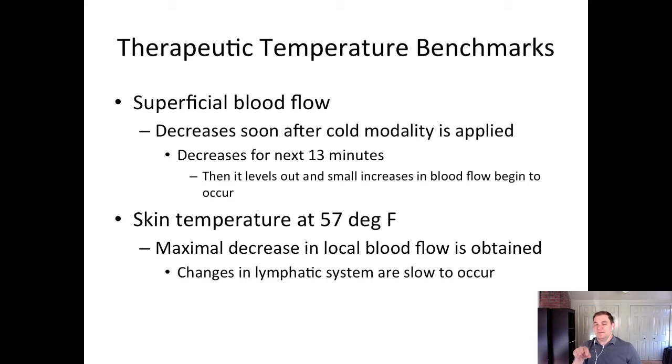We'll get there. There's an important term here: skin temperature at 57 degrees Fahrenheit. Remember how I said I knew it was 57 degrees? This is why. The maximal decrease in local blood flow is obtained at 57 degrees Fahrenheit. You can easily see this when I do that lab with the temperature guns.